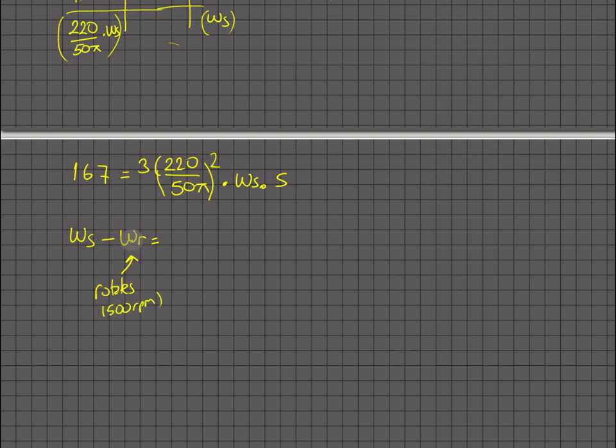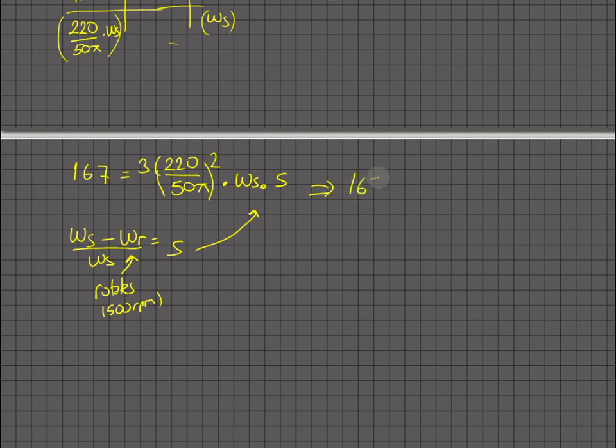But don't forget these are radians per second. If I divide that value by omega s, I can find the slip. Slip is equal to the difference between the synchronous speed and the rotor speed divided by omega s. Then I can put that value here.